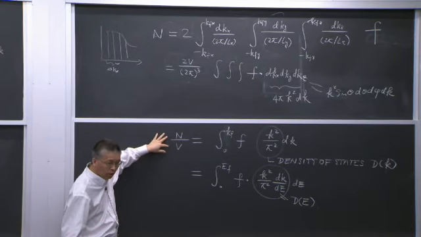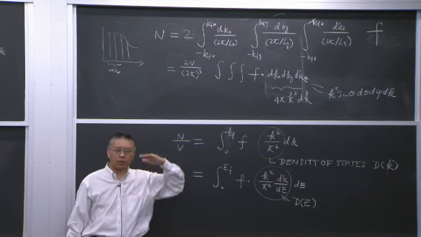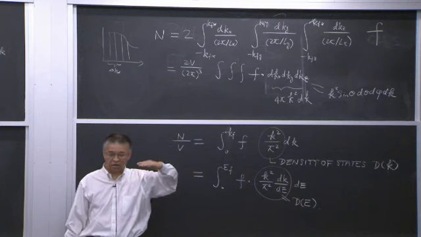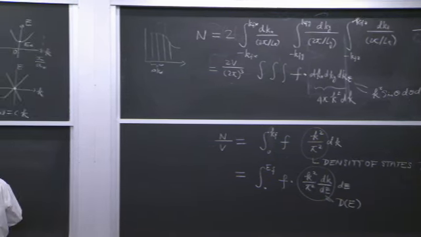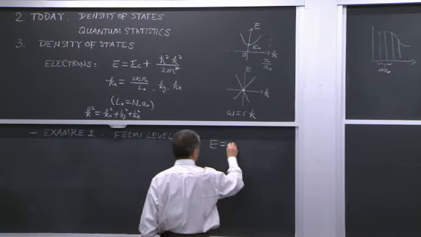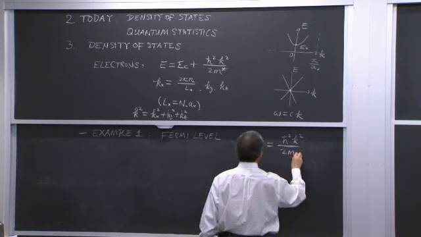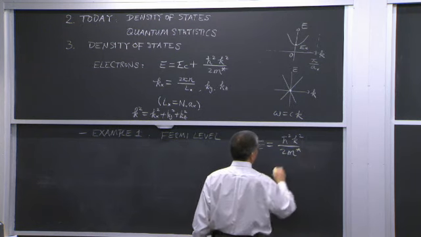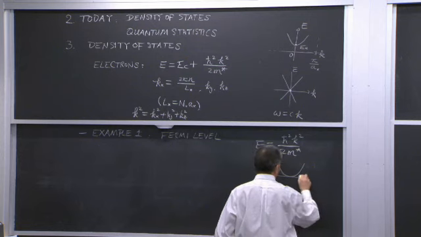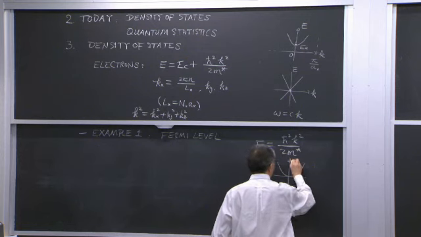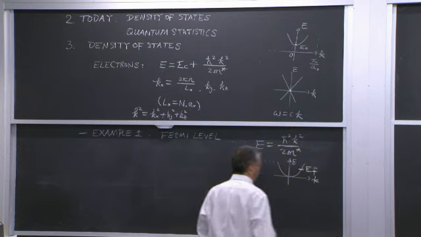If I do the following, I have, per unit volume, this number of electrons. And I want to find, at absolute zero temperature, where is the uppermost energy level. So my band is E equals h bar squared k squared over 2m. Energy starts here, this is my E, this is my K. I'm trying to find out where EF is.